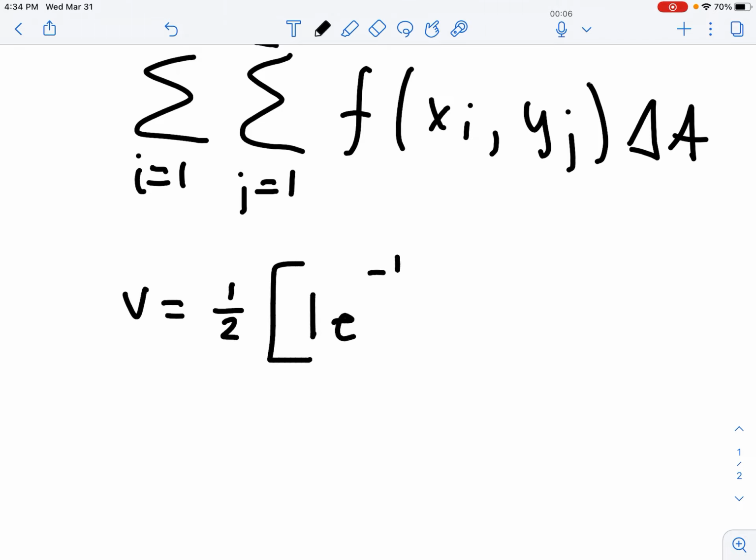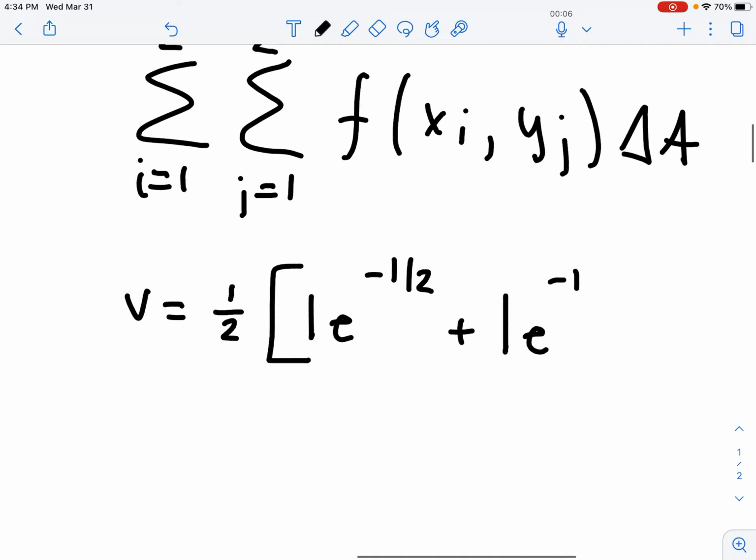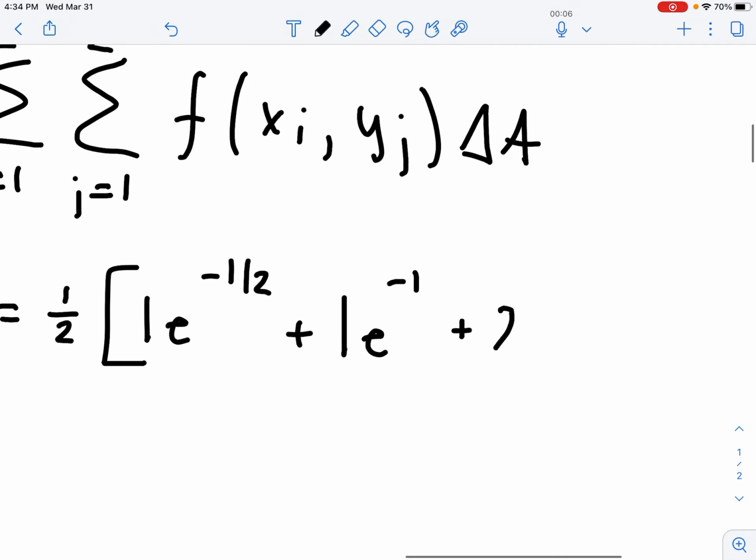So our volume will equal 1/2 times (1e raised to the negative 1/2 plus 1e raised to the negative 1 plus 2e raised to the negative 1 plus 2e raised to the negative 2).